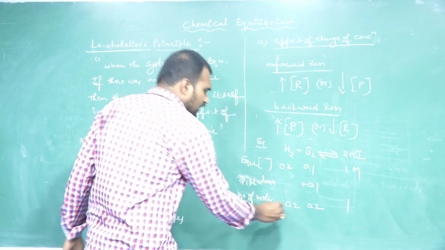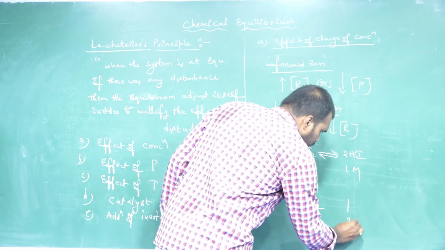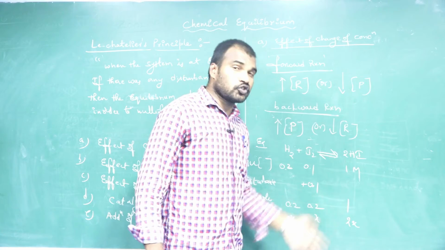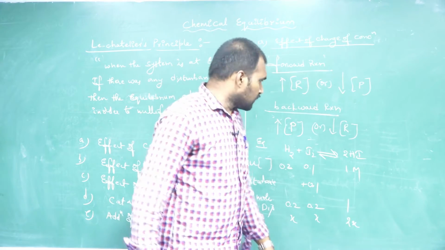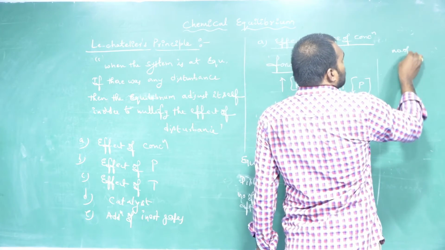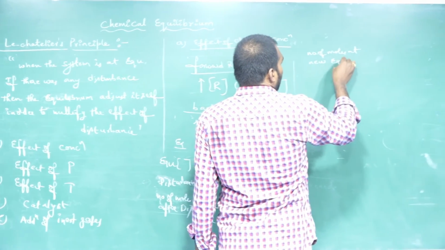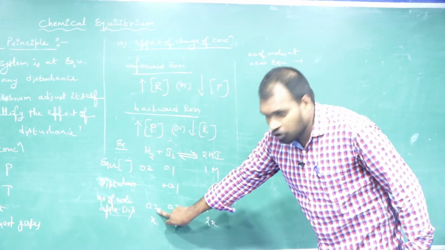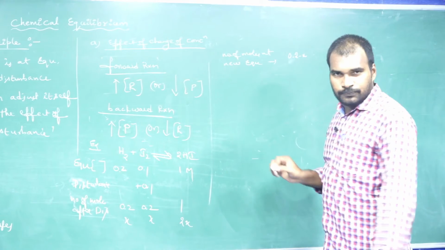Okay, and the number of moles reacted, let us consider here x moles are reacted, here also x moles are reacted, and they produce 2x moles. Why? Because 1 mole of hydrogen and 1 mole of iodine, they produce 2 moles of HI. If x moles are reacted, then they definitely produce 2x moles. Then the number of moles at new equilibrium will be total moles 0.2 out of x moles are reacted, so it will be 0.2 minus x.